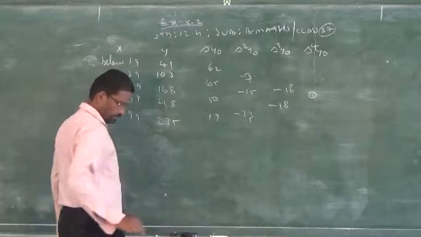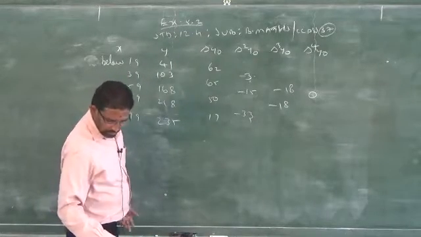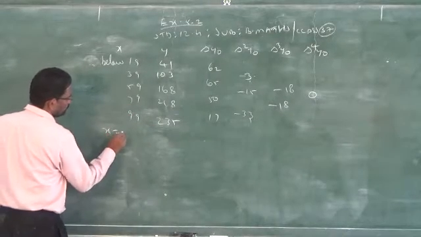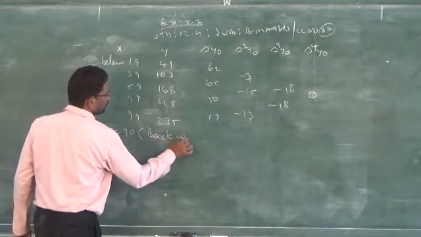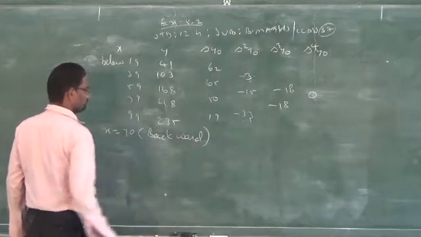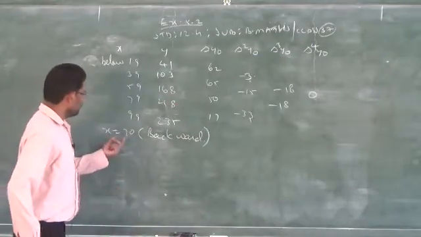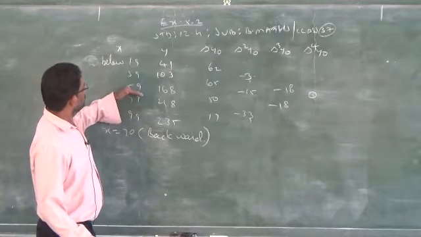Here you have to find less than 70. Where will 70 come? 70 will come in the second half. So which formula do you have to take? The backward formula. The previous question used the forward formula; this question uses the backward formula, because x is 70 and 70 comes in the second half.